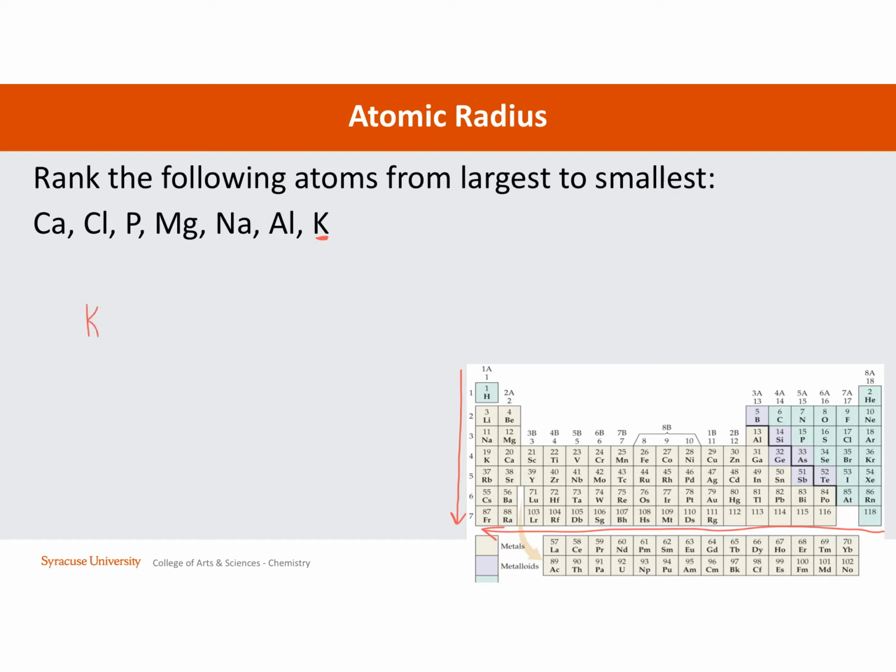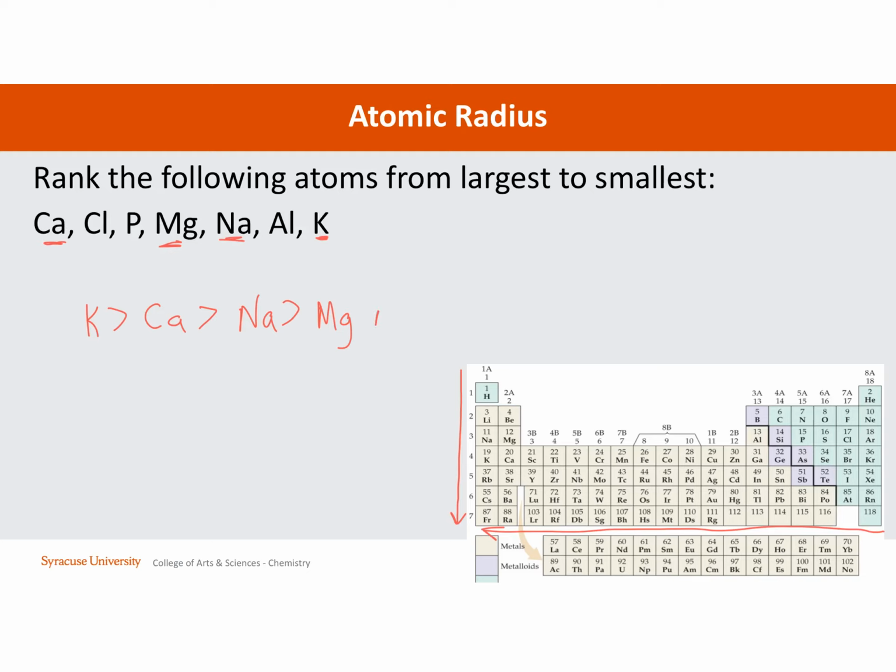So potassium in this series would be the largest, followed by calcium, looks to be next from the 4th quantum level. After that, everything we have left is in the 3rd quantum level. So again, farthest to the left would be sodium, followed by magnesium. After magnesium, we're working our way to the right in the periodic table.